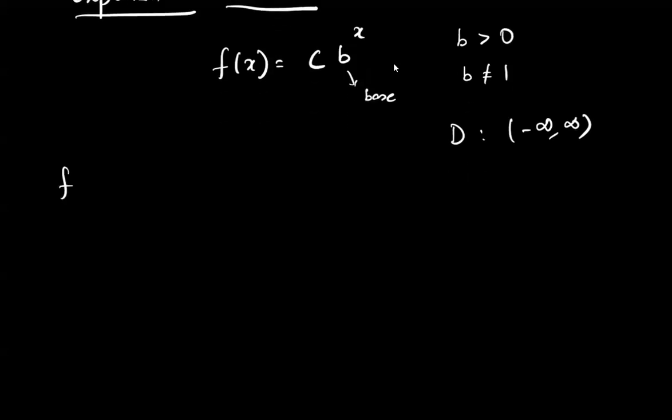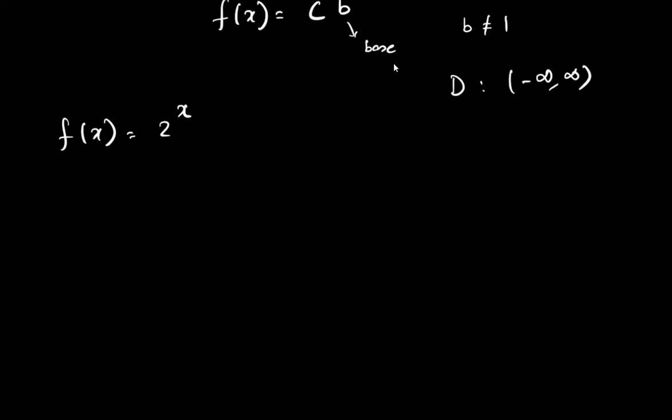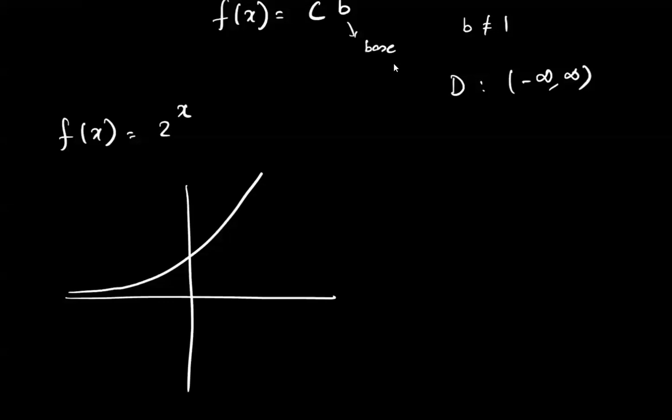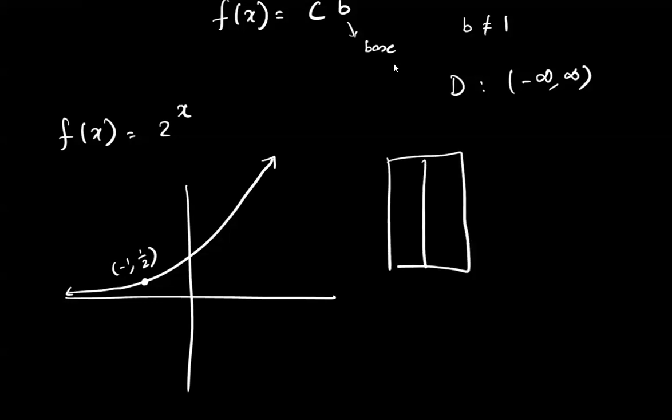So let me just look at a function, say 2 to the power of x. The three key points that I use to graph this function are, the first key point is this -1, followed by 1/2. You can create a small table if you want for all the exponential function graphs.